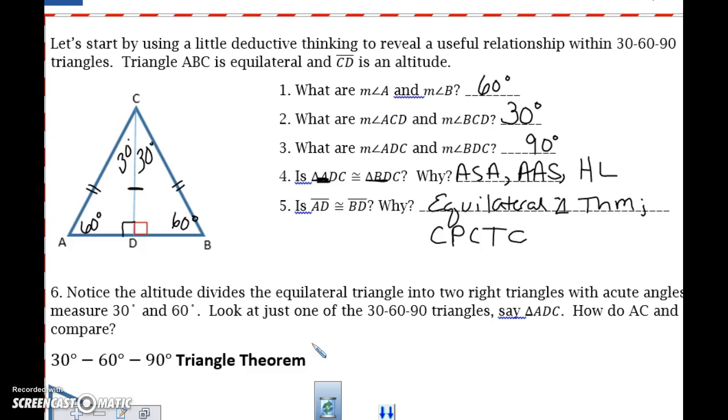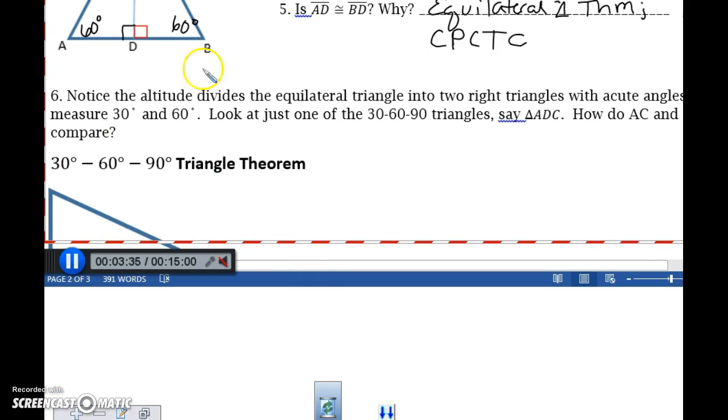So if we just look at one of the 30, 60, 90 triangles, we discovered a pattern to them in our exploration earlier this week.